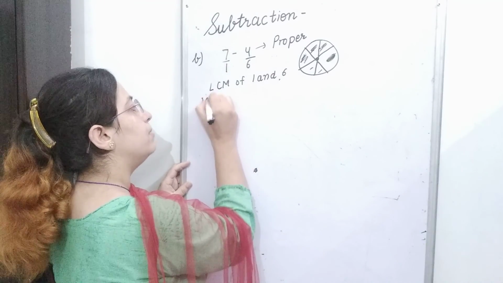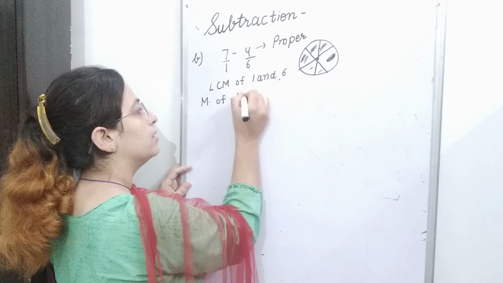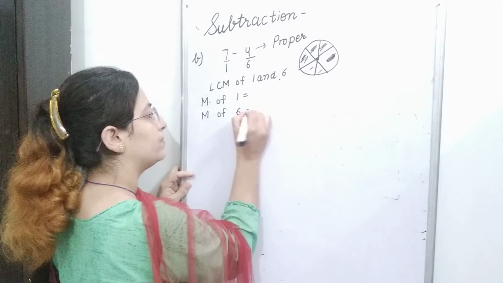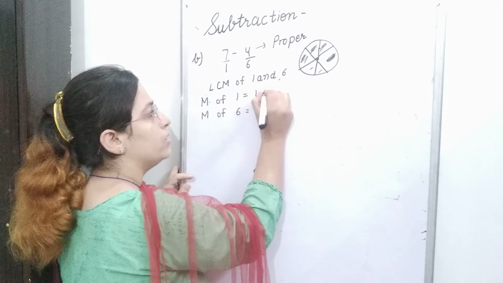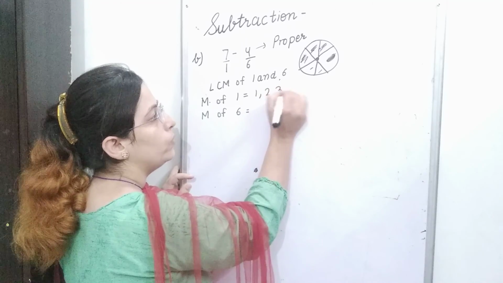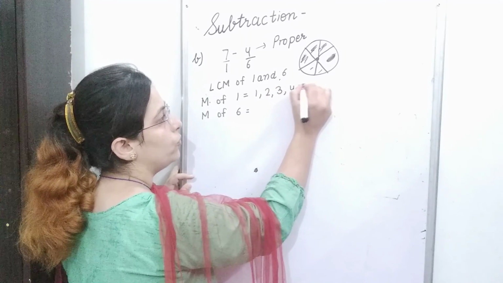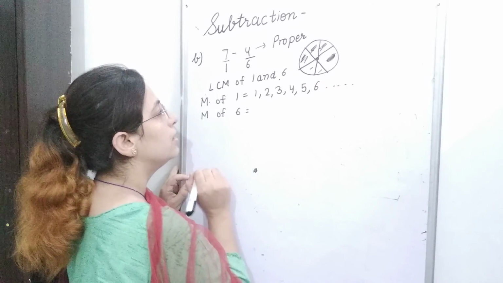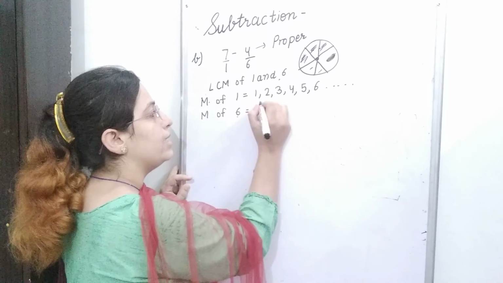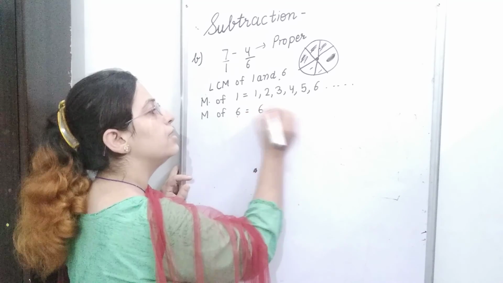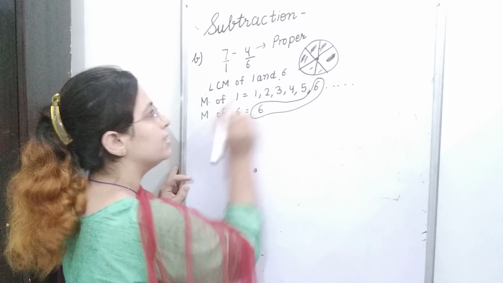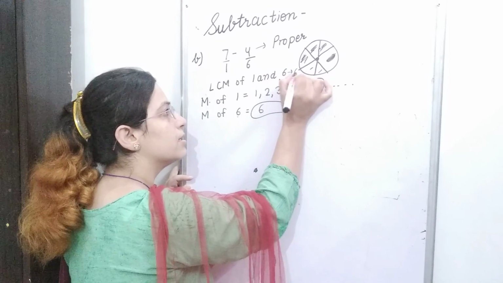First write the multiples of 1, then write the multiples of 6. 1 times 1 is 1, 1 times 2 is 2, 1 times 3 is 3, 1 times 4 is 4, 1 times 5 is 5, 1 times 6 is 6. Here is 6, 6 ones are 6. Now you can see 6 is a common multiple, so the LCM of 1 and 6 is 6.